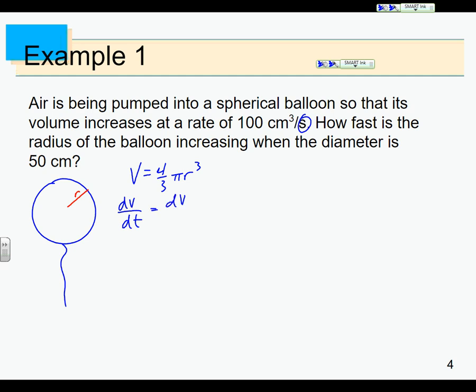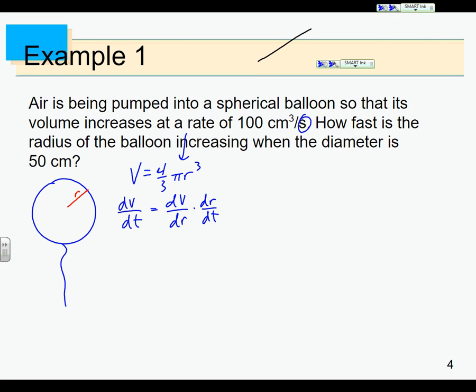I probably won't do it every time, but I'm wanting to take the derivative with respect to r, because that's what my volume is in terms of. But ideally, if I take the derivative of r, I need to take it with respect to t, because if I cancel my dr's right here, then I'm just left back with dV over dt. That's kind of the math as to why this works.